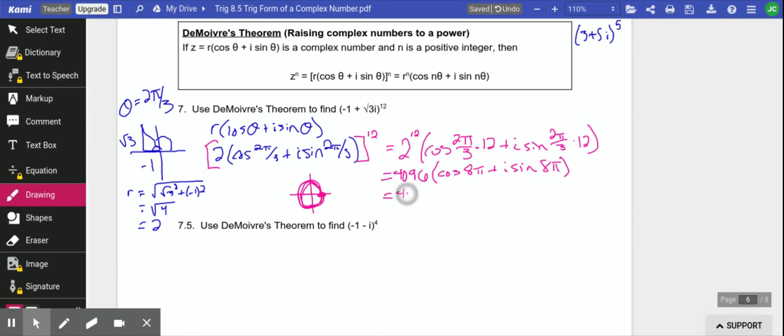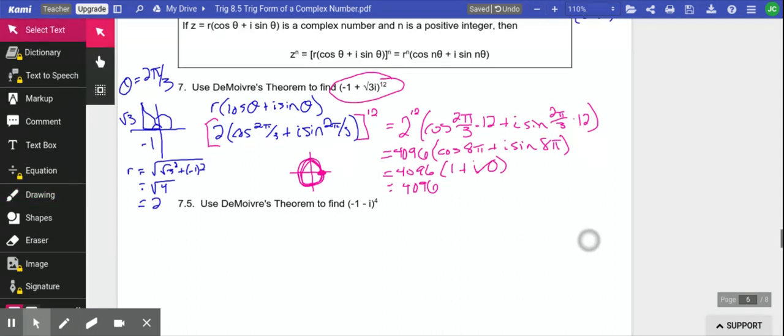So on the unit circle, it's right there. So cosine of that is going to be 1, and sine of that is going to be 0. So our final answer is just 4,096. So that's kind of crazy that this number raised to the 12th power is 4,096. But there you have it.